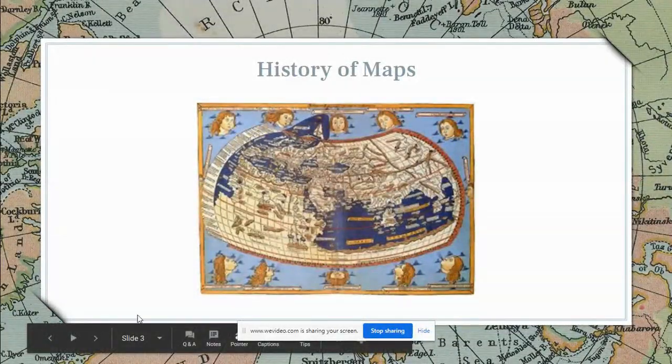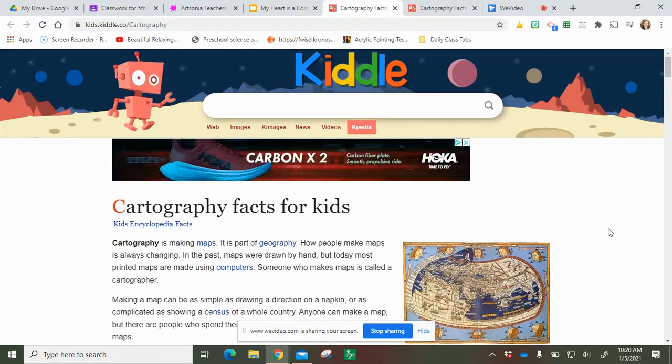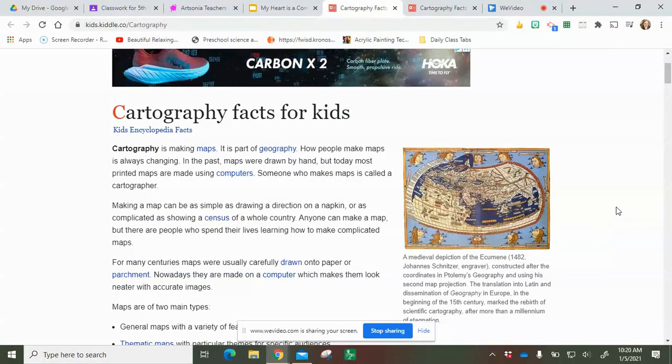So the history of maps. Let's talk about the history of maps by going to this website. And there's lots of different facts about maps.